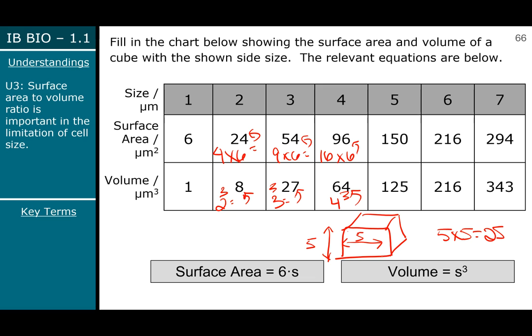Now we have 6 faces: 1, 2, 3, 4, 5, and the one on the bottom is 6. So 25 times 6 equals 150. The surface area is 150. Now, 5 cubed to get the volume is 125.